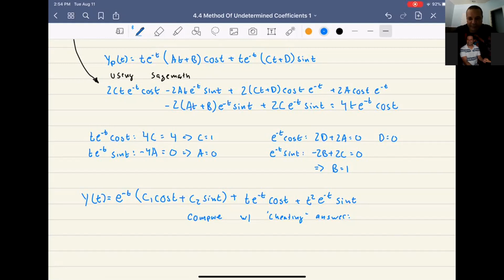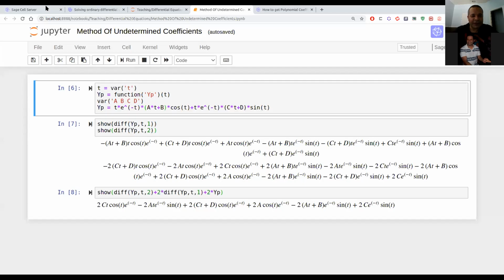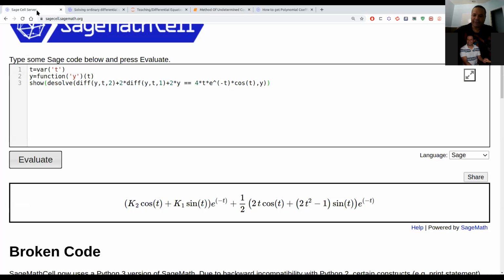Our solution that we got by cheating was this thing, and I'm going to write it down: (k2 cosine t plus k1 sine t) e to the negative t plus 1/2 (2t cosine t plus (2t squared minus 1) sine t) e to the negative t.